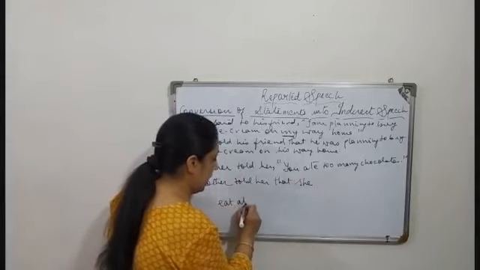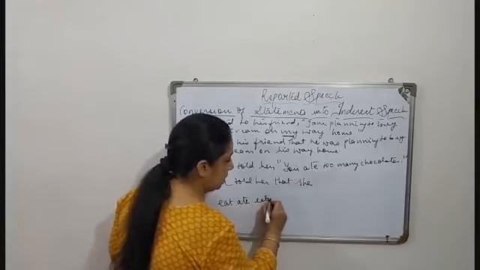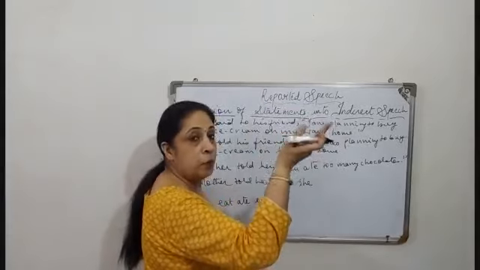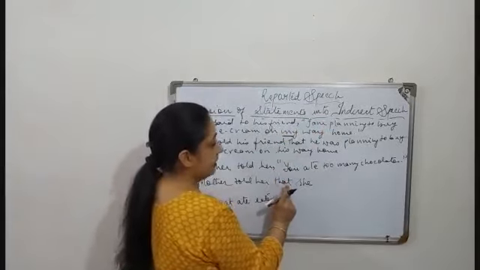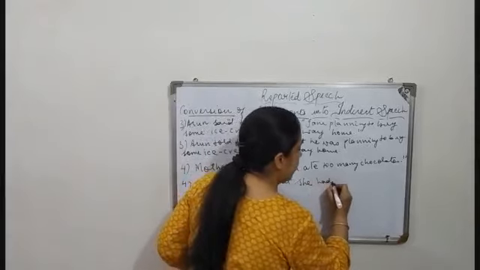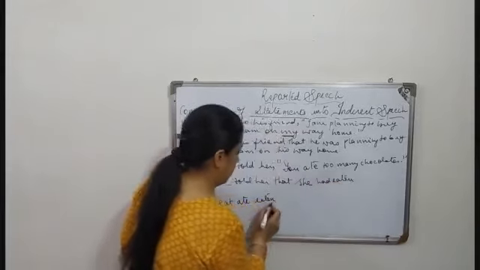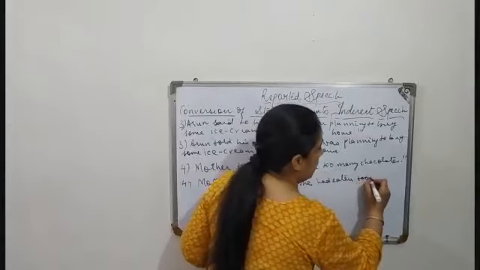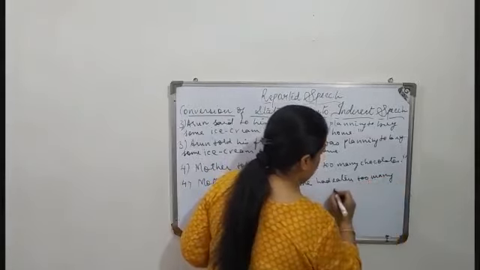Eat, ate, eaten. Alright. So when there is a past tense here, we have to convert it into past perfect. So we will write that she had eaten. We use this verb third form. Had eaten too many chocolates.